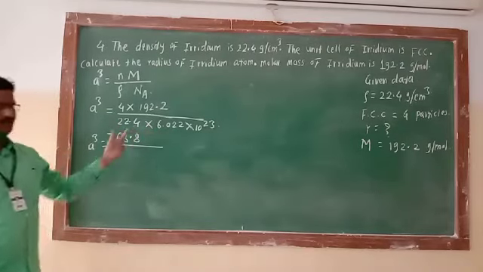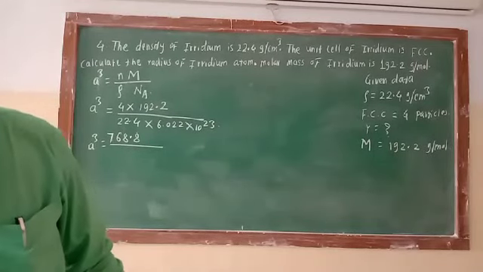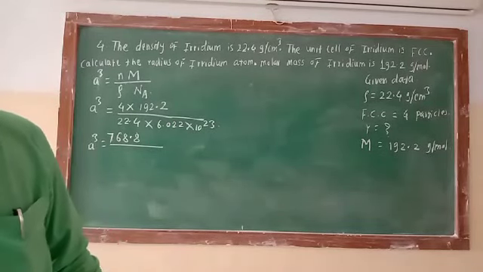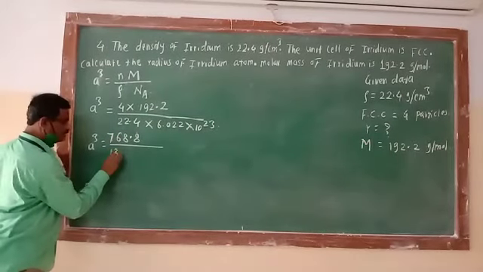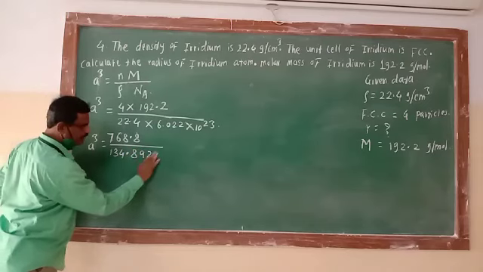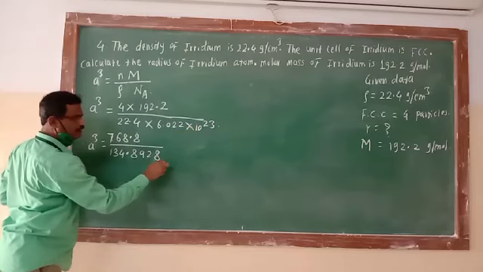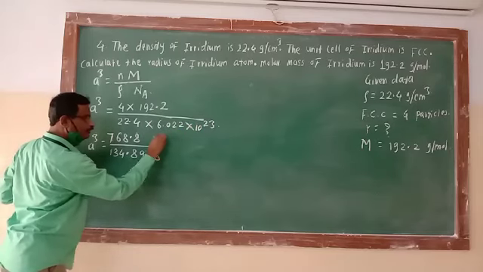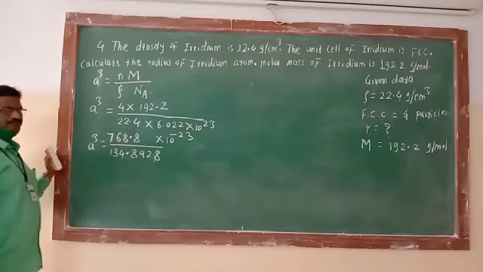If these two factors are multiplied, we will get the value equal to 134.8928, times 10 raised to 23 at the denominator. At the numerator, it will become 10 raised to minus 23.